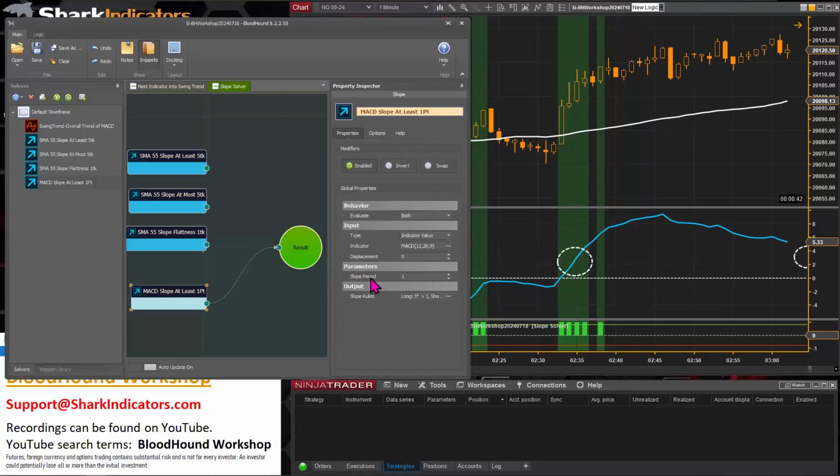What this slope period parameter does is further smooth out whatever your input is. It doesn't matter what your input is. Your input could be price, could be volume, could be an indicator value. But what this does is apply the SMA formula to the input.